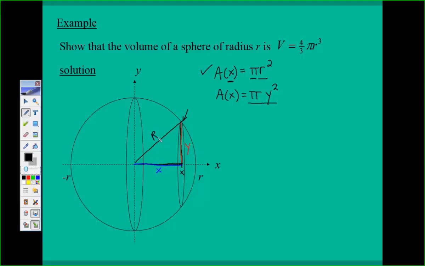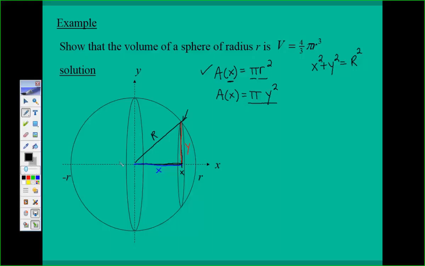Now we can build a relationship between x and y. We can see x squared plus y squared equals r squared. And r squared is going to be the radius of the sphere. So that's a constant. That's not going to change for any of those cross sections.